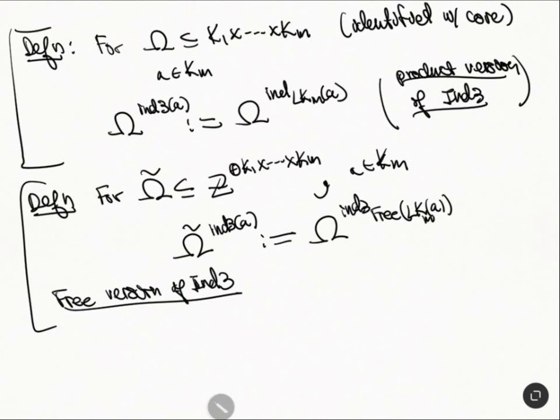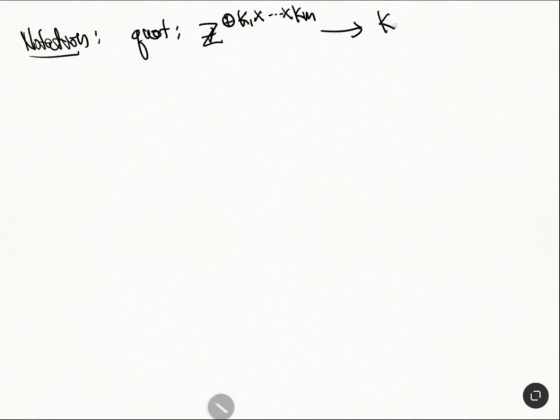Now we can get the final definition for Ind3. Let's do some notation. We'll let the quotient from the free group on this field be this map, the tensor product over QP, which takes a tuple.